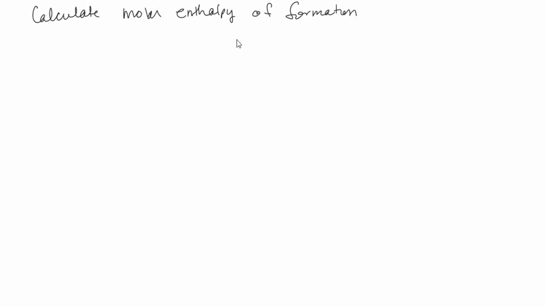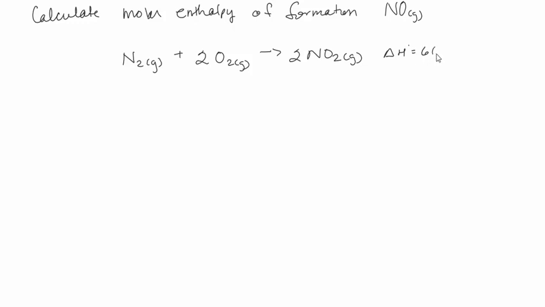Let's move this up just a smidge. So if we calculate the molar enthalpy of formation of NO, given 1 mole of nitrogen gas reacts with 2 moles of oxygen gas in order to form 2 moles of nitrogen dioxide gas, and that has a delta H naught of 66.4 kilojoules, and 2 moles of nitrogen oxide gas reacts with 1 mole of oxygen gas in order to form 2 moles of nitrogen dioxide gas.